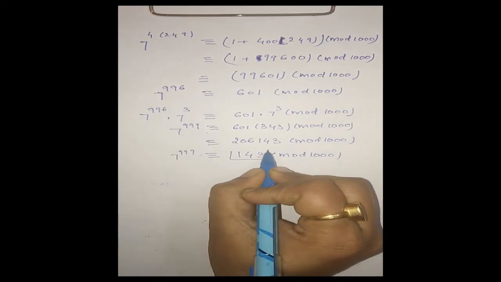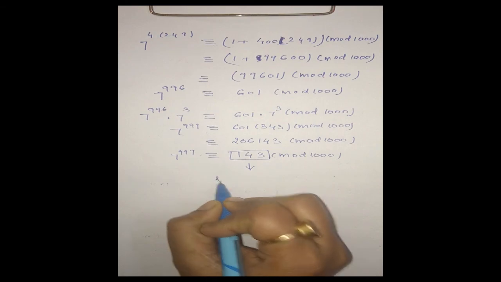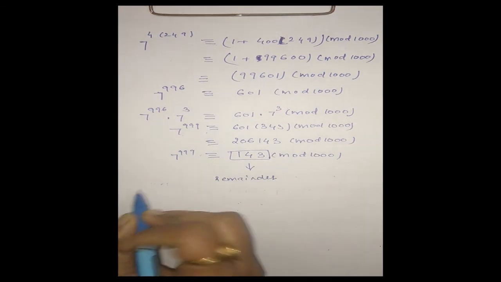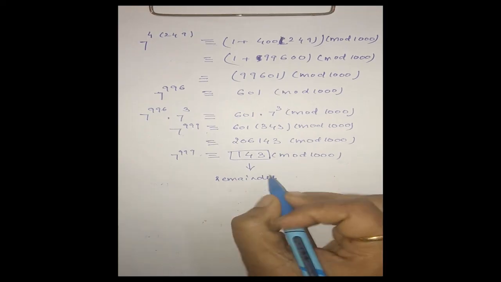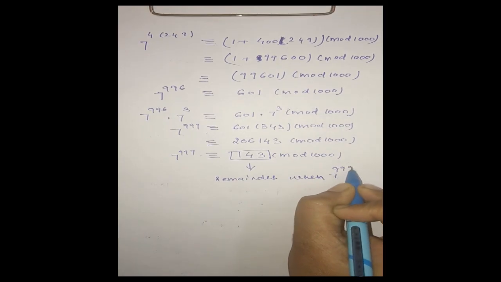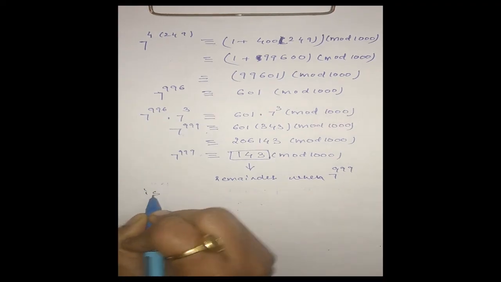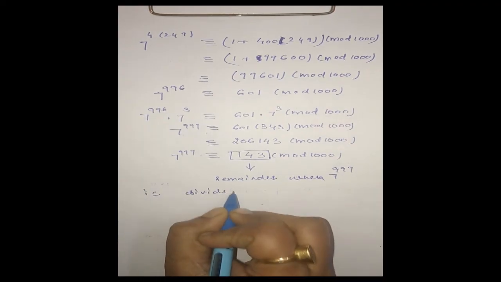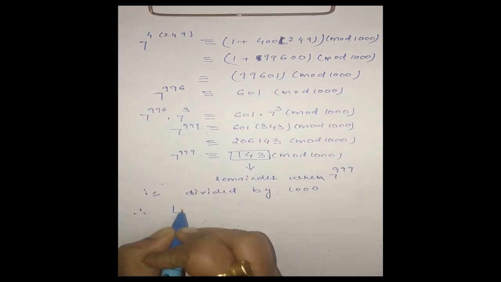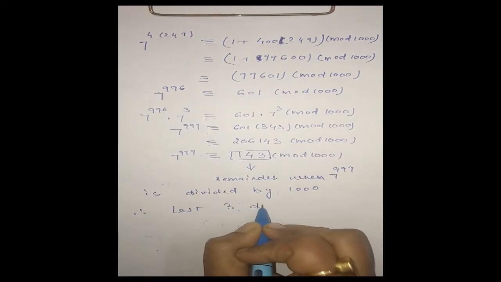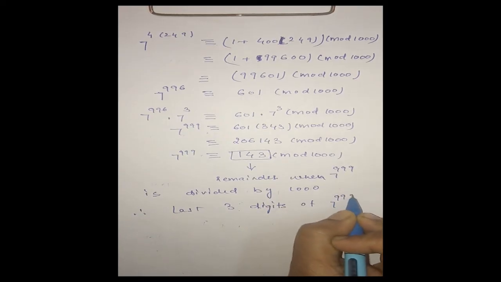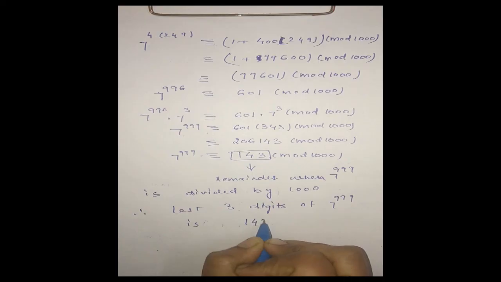This is the remainder when 7 power 999 is divided by 1000. Therefore, the last three digits of the number 7 power 999 is 143.